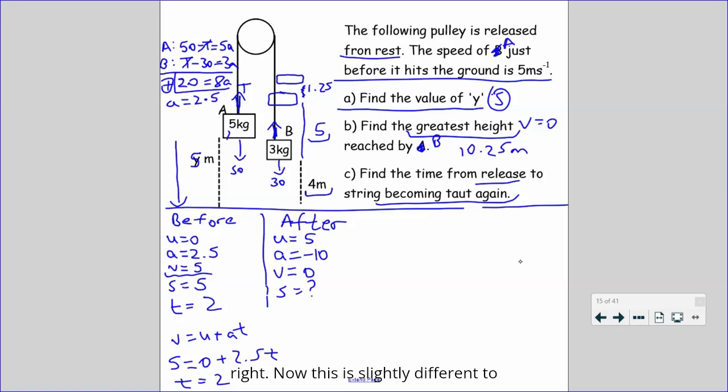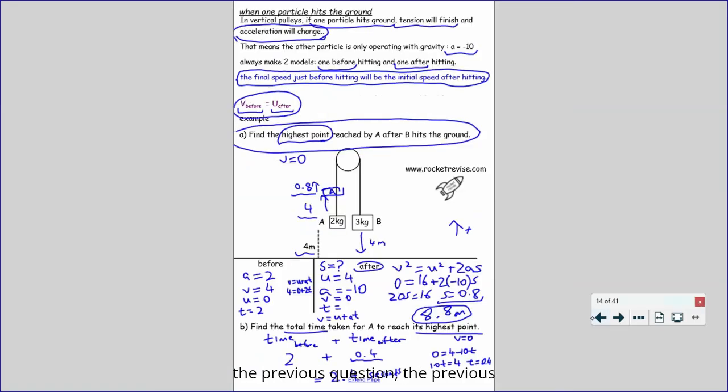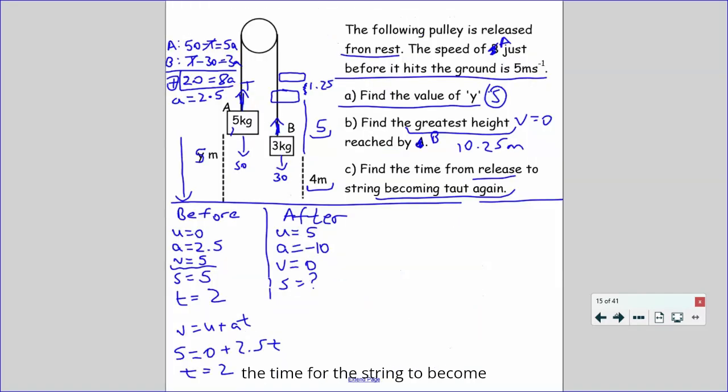Right, now this is slightly different to the previous question. The previous question said, find the time for A to reach its highest point. And this is saying, find the time for the string to become taut again. Okay, so I'll just show you in the diagram what that means.